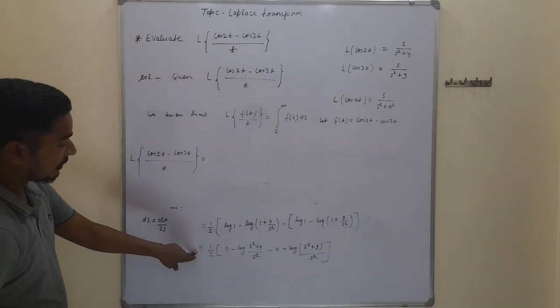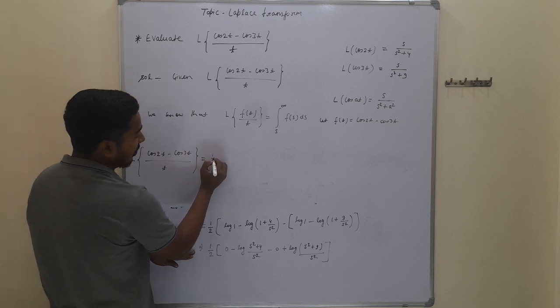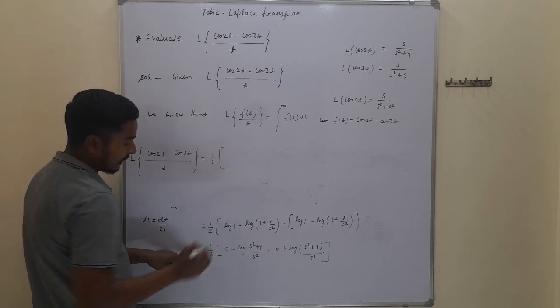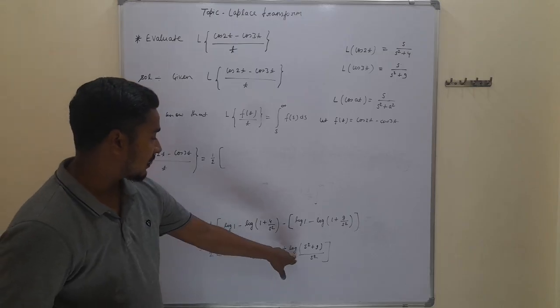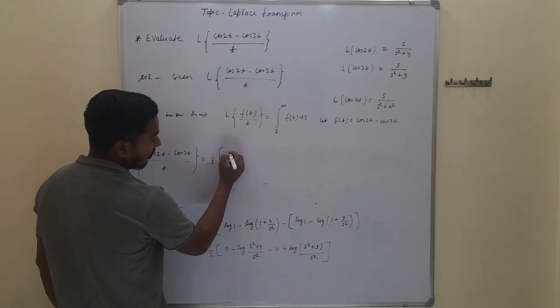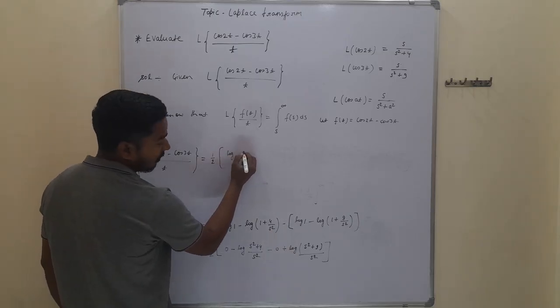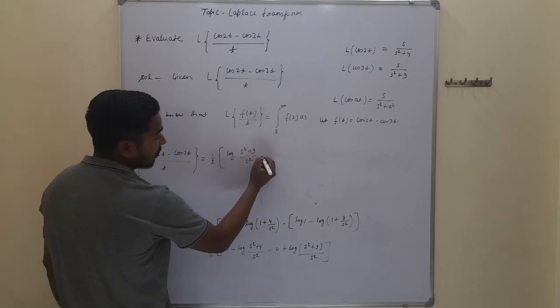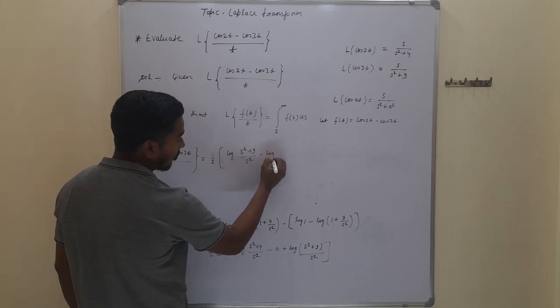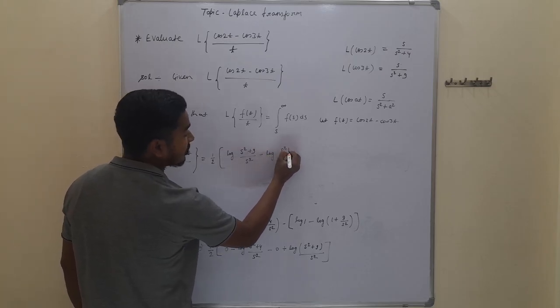Solving, this is 1 by 2 and here is minus log, so we write first log of s square plus 9 upon s square, and minus log of s square plus 4 upon s square.